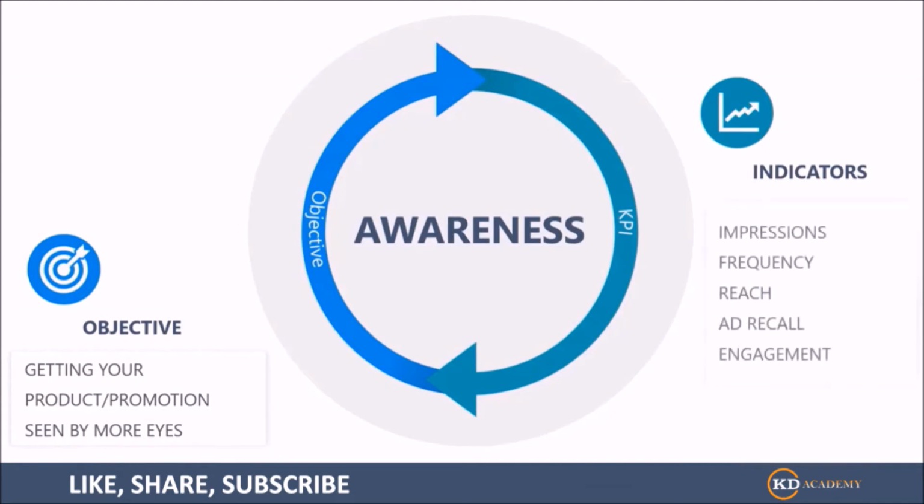Then the indicators would be very similar: impressions, frequency, reach, ad recall, and engagement. Now the new one there is ad recall, and that is essentially an indication. I'm referring here specifically to Facebook. That's where we see it. It indicates how likely someone is to recall your ad or to remember your ad.